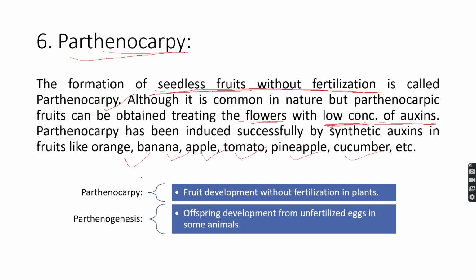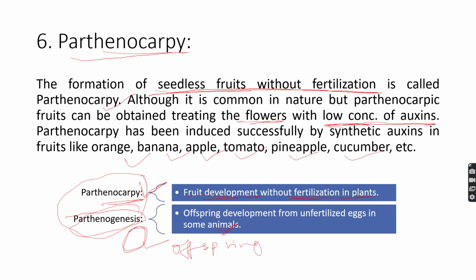So now people used to be confused between parthenocarpy and parthenogenesis. When a fruit is developing without fertilization from a flower, then we call it as parthenocarpy. Parthenogenesis actually is a word basically used in case of animals, and here the egg is completely forming the offspring.